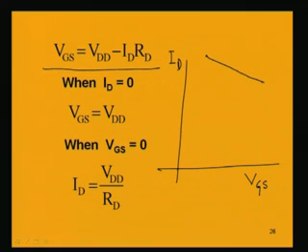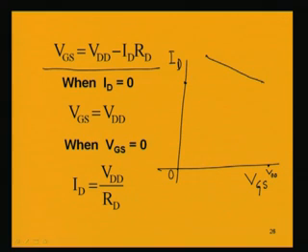Now, when we have ID equal to 0, we get VGS equal to VDD. That is one extreme point we get when we have ID equal to 0, that is on the x axis, and when VGS equal to 0, we get a point on the y axis or the ID axis.